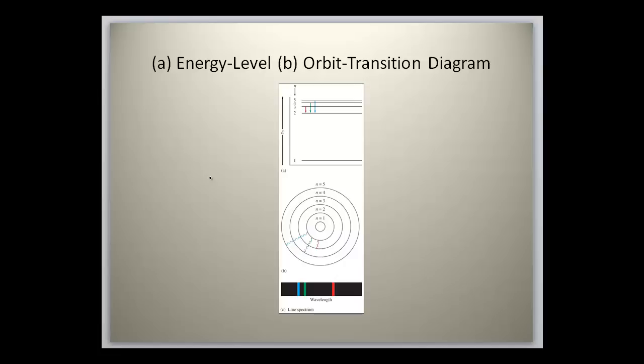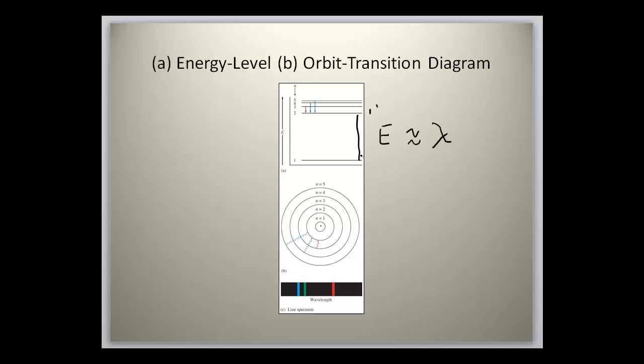If you look at the Bohr model of the atom, remember those energy levels go out 1, 2, 3, 4, 5, etc. The jump from 1 to 2 is big, 2 to 3 is smaller, 3 to 4 is even smaller. If those jumps correspond to energy, each one of those energies has a corresponding wavelength, because energy, wavelength, and frequency are related.